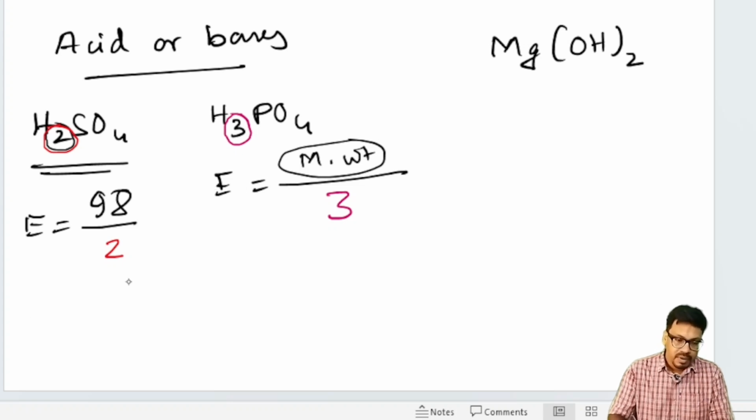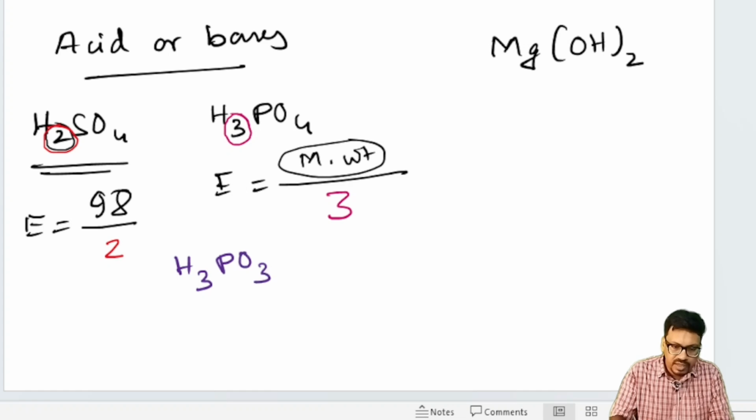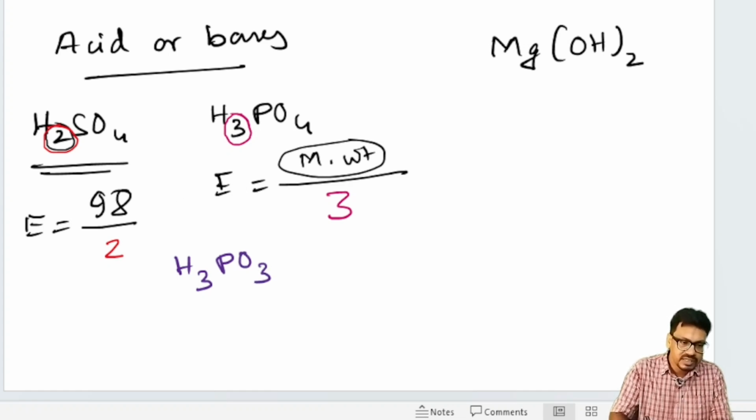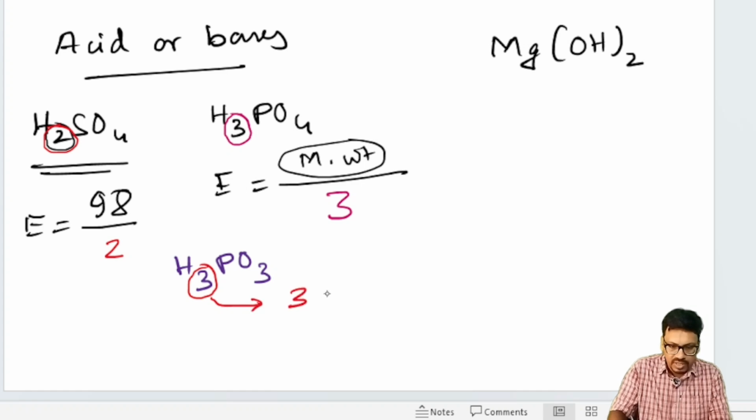But in case of phosphorus acid, say for example H3PO3, here the replaceable hydrogen is 2. This is very important. Here 3 is not the replaceable hydrogen.